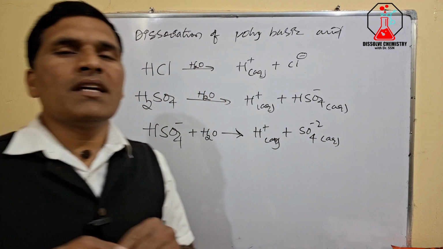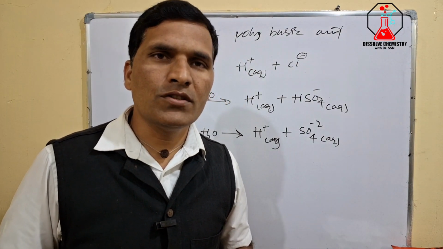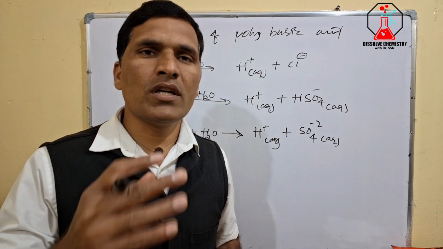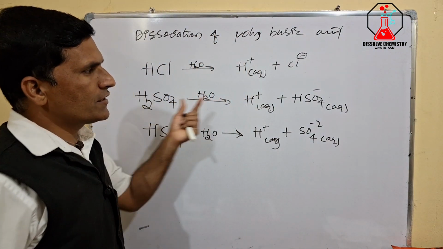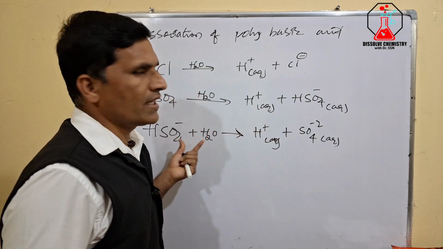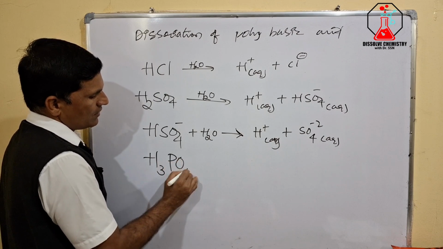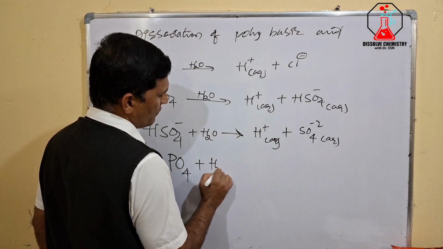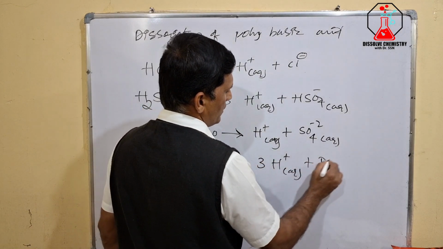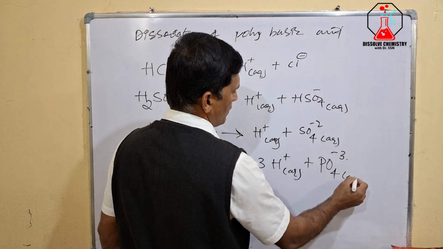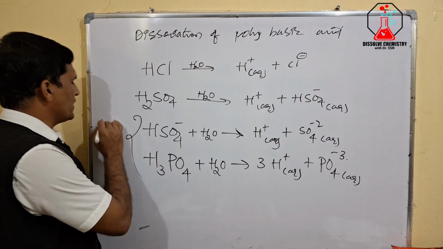Any acid which has the capacity to donate 2 or more H+ ions is said to be a polybasic acid. Therefore H2SO4, as it can donate 2 protons, we can call a polybasic acid. You can take phosphoric acid, H3PO4. If you dissolve it in water, it can donate 3 moles of H+ ions and form PO4 3- aqueous. So these are called polybasic acids.